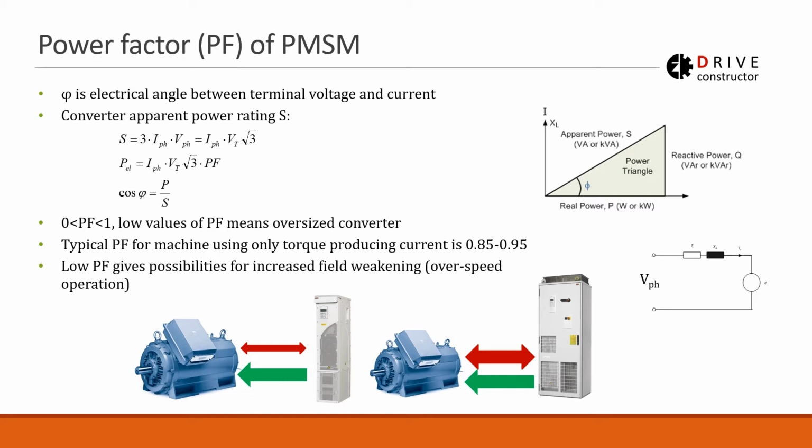As you know, there can be a phase shift between the waveforms of voltage and current being sent to the electric machine from the grid or the frequency converter. So we can talk about an electrical angle between terminal voltage and current. And the same angle actually defines some powers. Real power is what is used for energy conversion from electrical to mechanical.